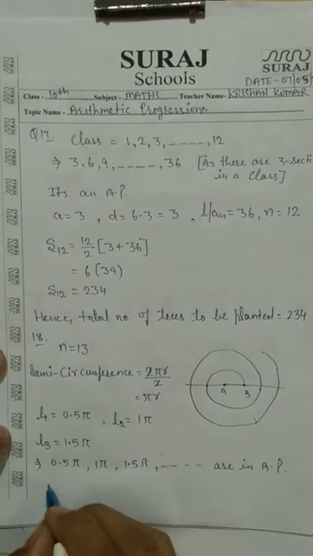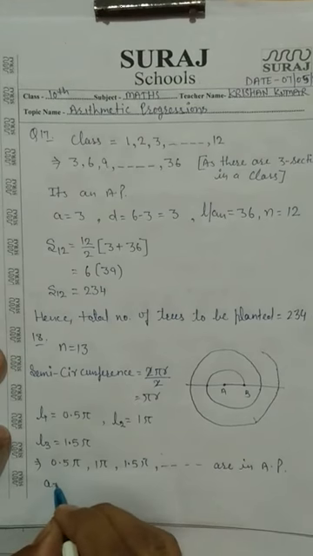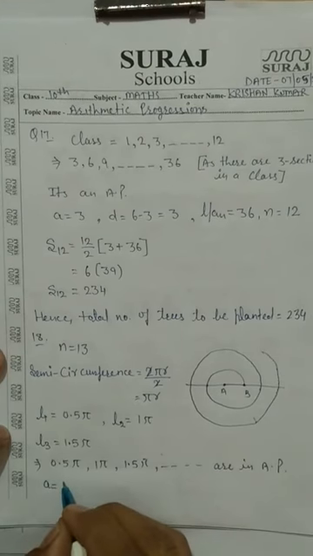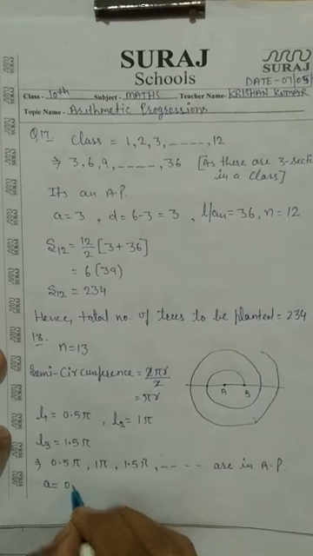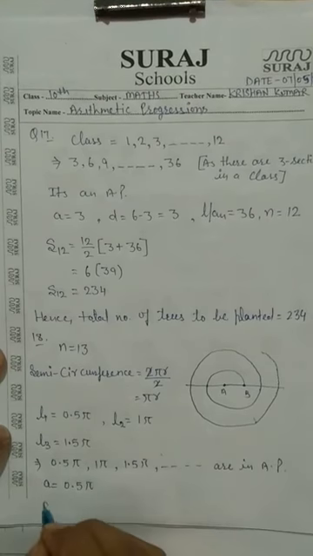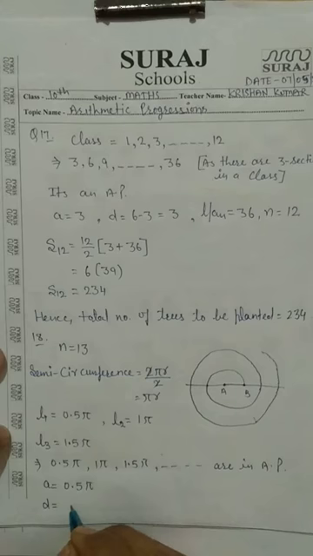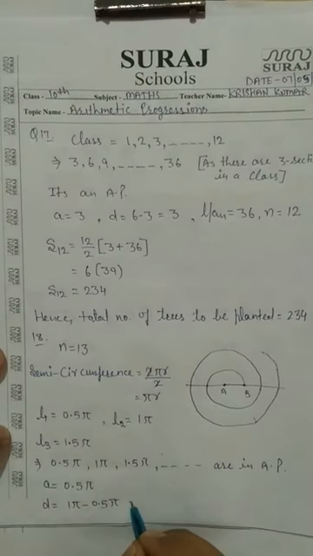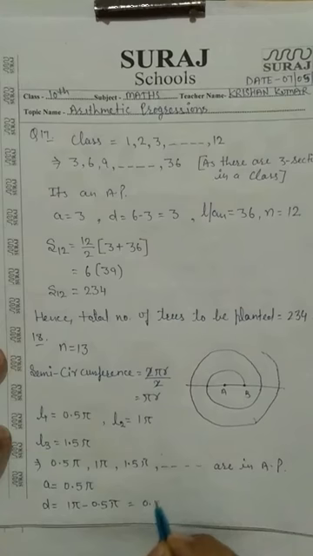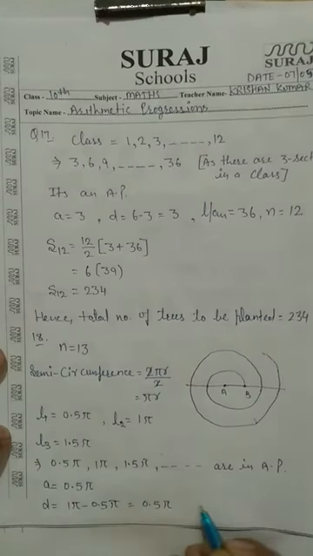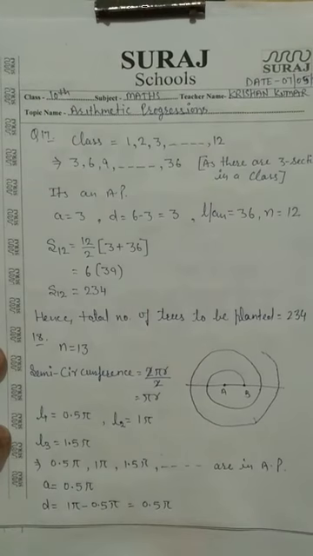So beta, A is 0.5 pi, D is 1 pi minus 0.5 pi, A2 minus A1, so that is 0.5 pi.